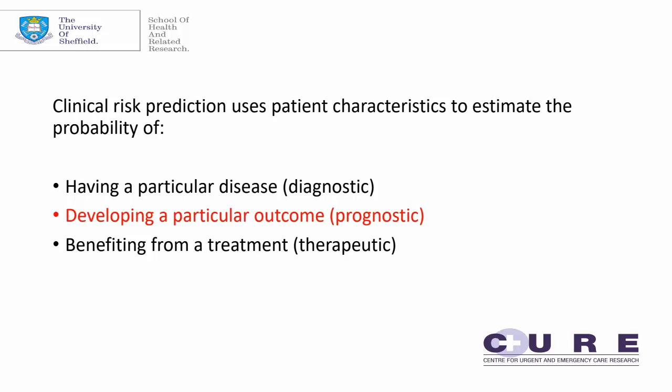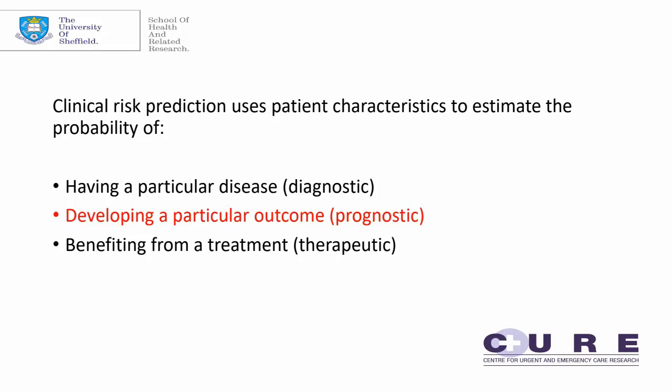We can use clinical prediction to predict whether or not a patient will have a particular diagnosis, and usually we do that if we want to decide whether or not they need investigation for that diagnosis. If they've got a very low probability of having that diagnosis, then we don't need to investigate. If they've got a raised probability, then we need to arrange the scan or the diagnostic test.